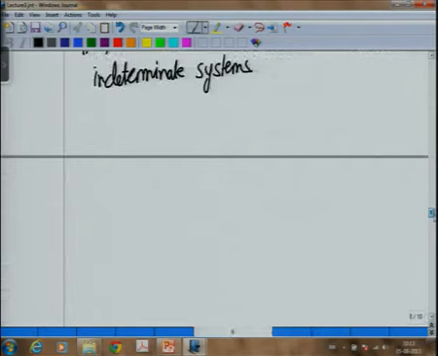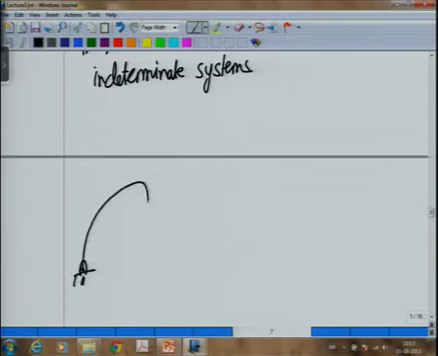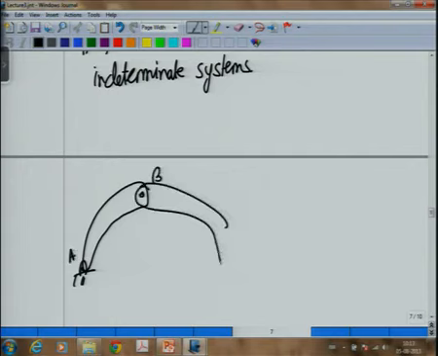Let me take another case, and let us take a case like this. Suppose we have, I deliberately make these links of curved shapes, they need not be.